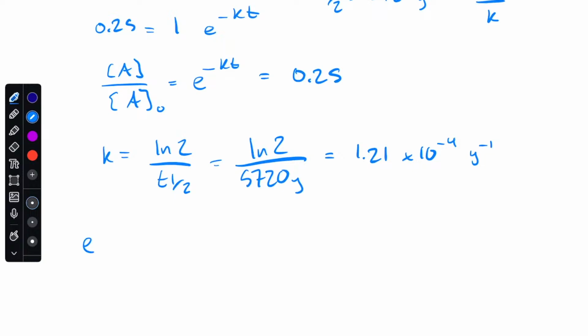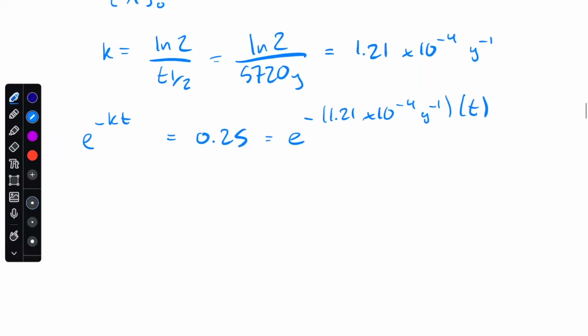Okay, so from above we had e to the minus kt equals 0.25. We can say that that's equal to e to the minus 1.21 times 10 to the minus 4 years to the minus 1 times time. It's up in the exponent there, so to get rid of the exponent, we can take the natural log of each side.